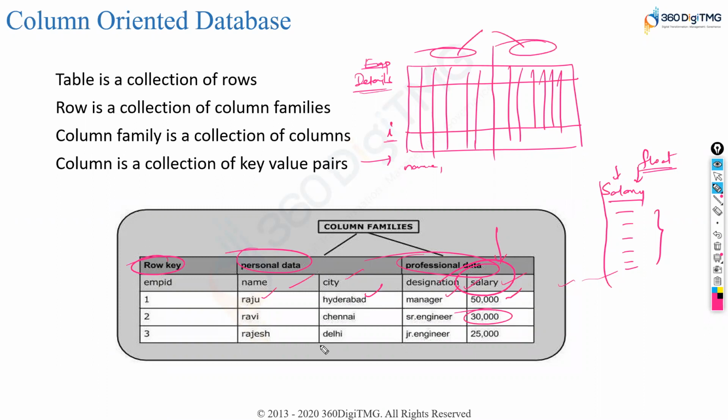And if I have to bring in more fields, I can add those fields into these column families, or I can also create an entirely new column family. So my column oriented database can scale wide with respect to columns. We can add as many columns as we wish.